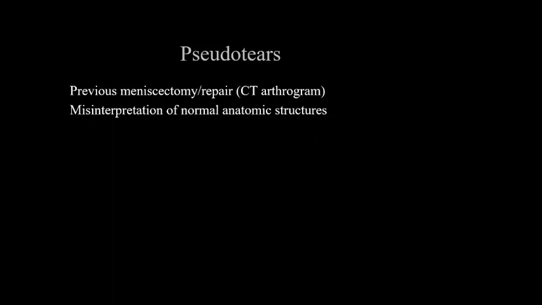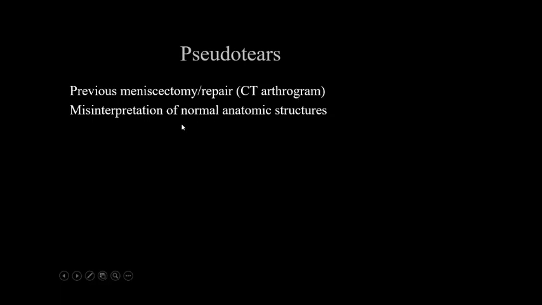But if there was no tear, then you don't see any contrast moving into the meniscus. I don't know how many patients you see with prior meniscal repair. In our practice, we do see quite a few, and MRI can be a problem, and CT arthrography is a problem-solving tool here.